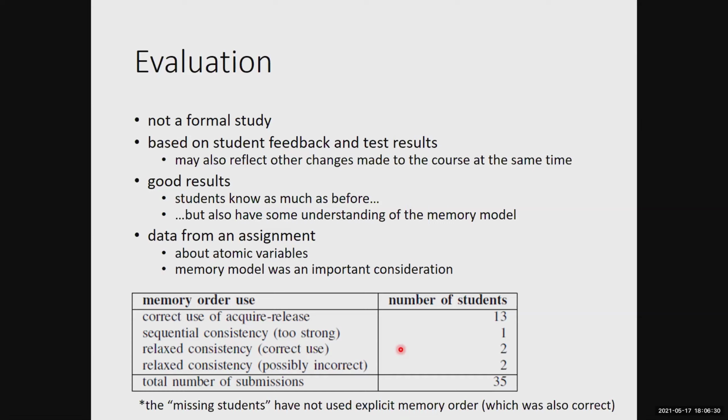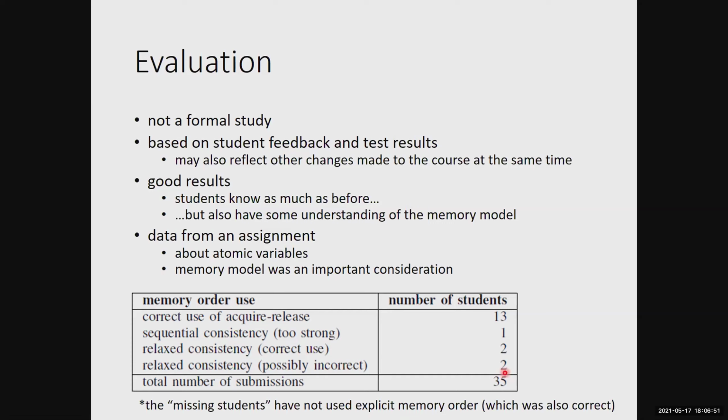The assignment wasn't that strictly defined, so they were able to present assumptions that would allow them to use relaxed consistency. 2 of them did this and correctly explained why they used relaxed, and there were 2 who used relaxed consistency, but they didn't really explain why they think this is correct.